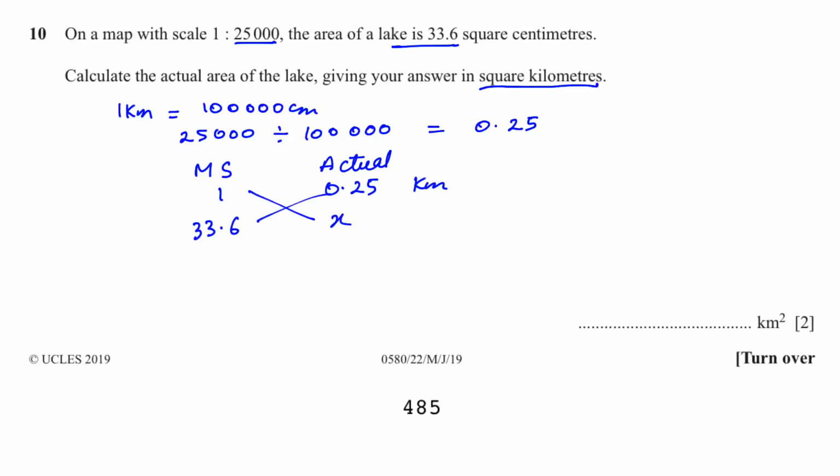We have to cross multiply. 1 multiplied by x and 0.25 times 33.6. Because it is area, we have to square the scale factor. If it was the volume, we would have cubed it. This will give us 2.1 square kilometers. So that's our answer.